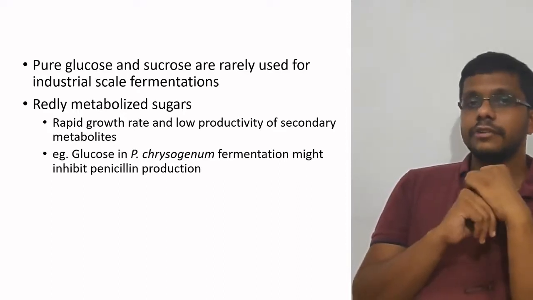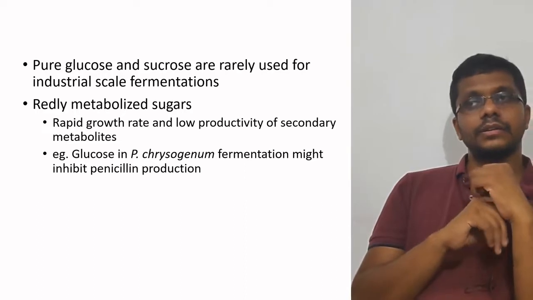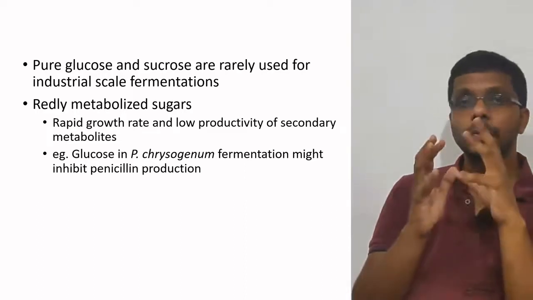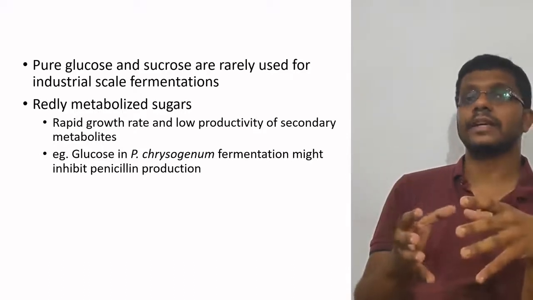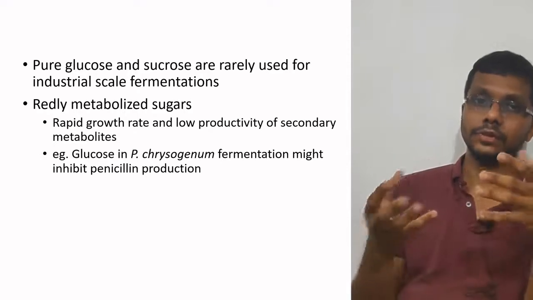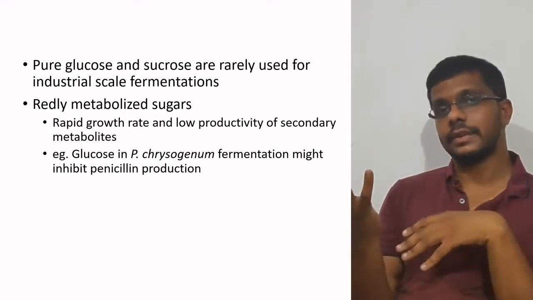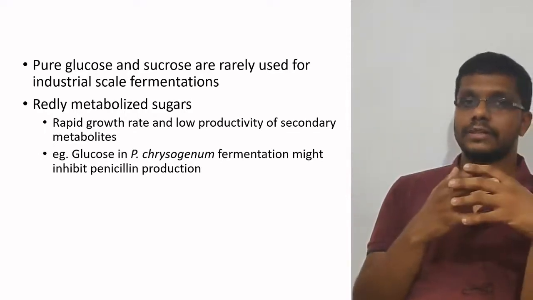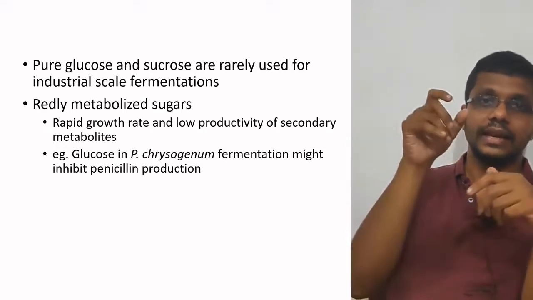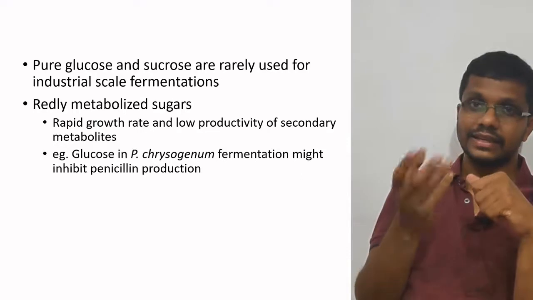Secondly, if you are making secondary metabolites, bacteria and fungi do not make secondary metabolites in the presence of easily or rapidly utilizable sugars. If there is glucose in the medium, it won't make secondary metabolites. As we know, primary metabolites are produced in the log phase of growth, and secondary metabolites are produced in the stationary phase.